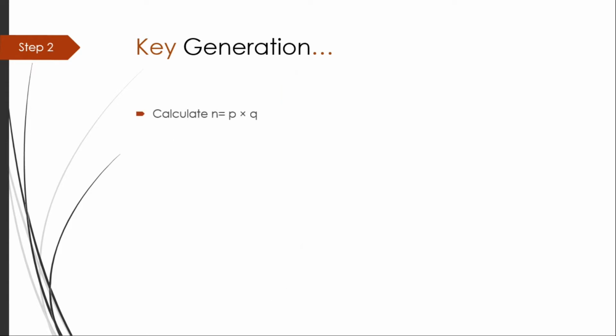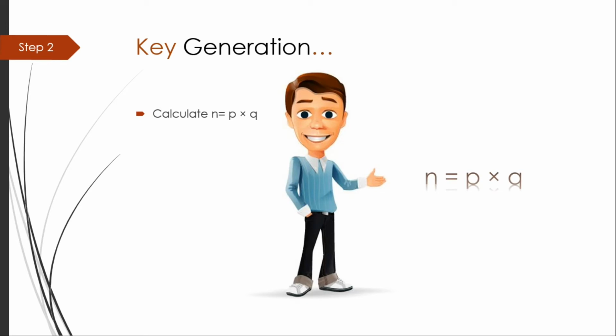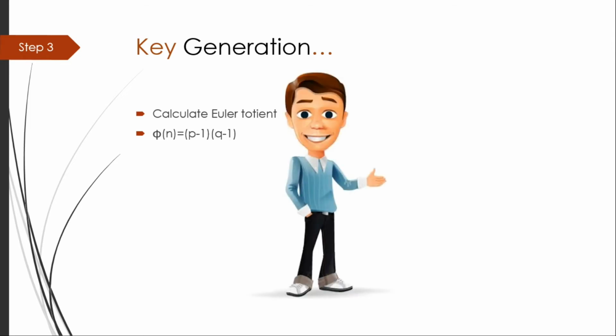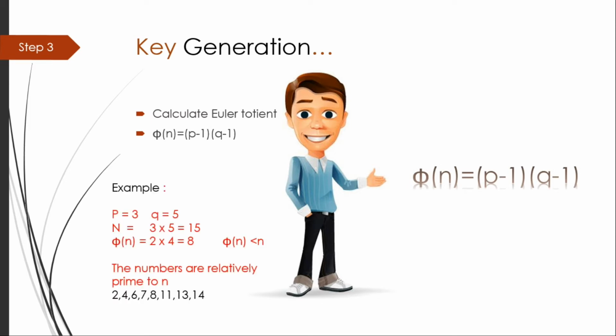Now, calculate the product of both the primes P and Q. The value is taken as n. Then calculate the Euler totient. The Euler totient is the product of P minus 1 and Q minus 1. Euler totient is the number of positive numbers less than n and relatively prime to n.